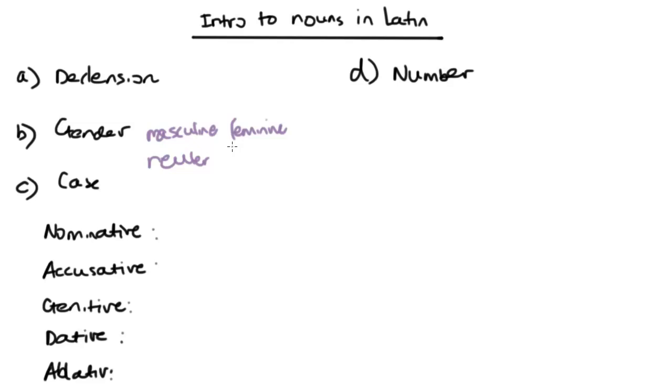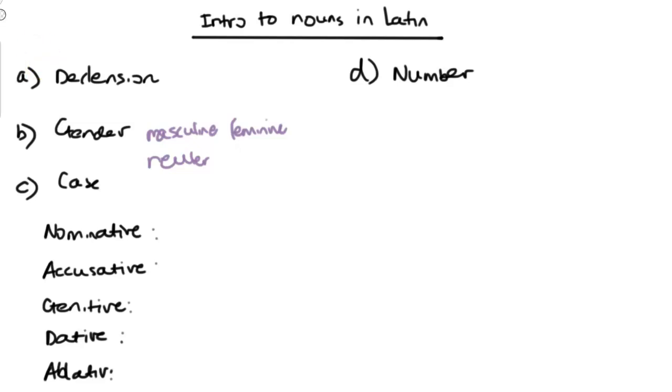So the next thing to discuss is case. Case will probably be a new concept to many people. I think there are some languages that have it, like German, but for the most part, if you're learning the Romance languages like Italian or Spanish or French, I don't think they have them.